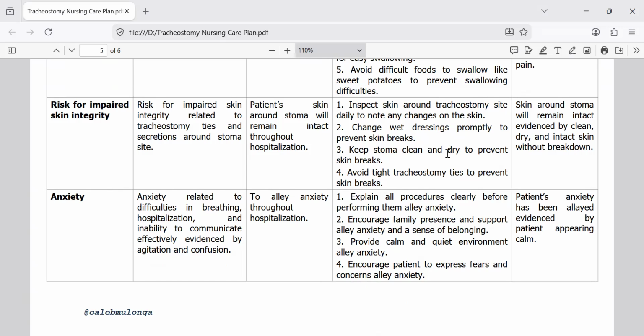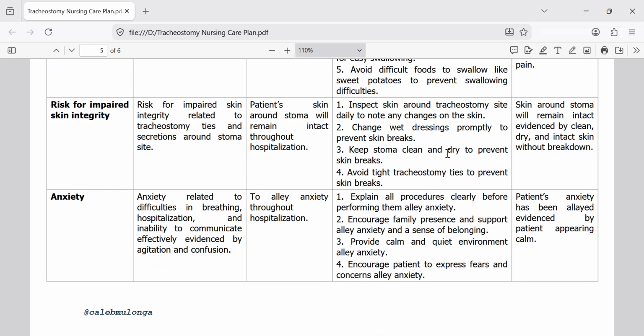Okay, anxiety. Anxiety related to difficulty in breathing, hospitalization, and inability to communicate effectively, evidenced by agitation and confusion.